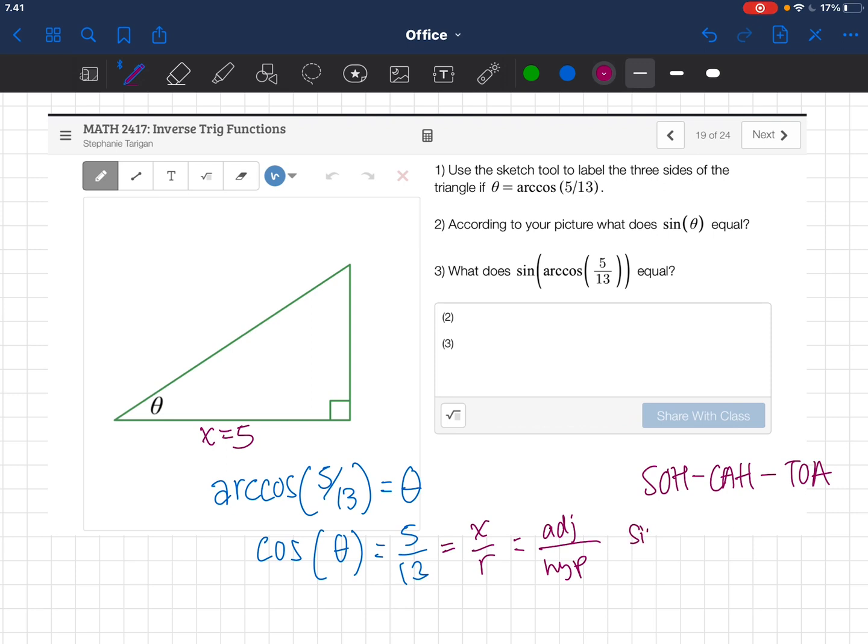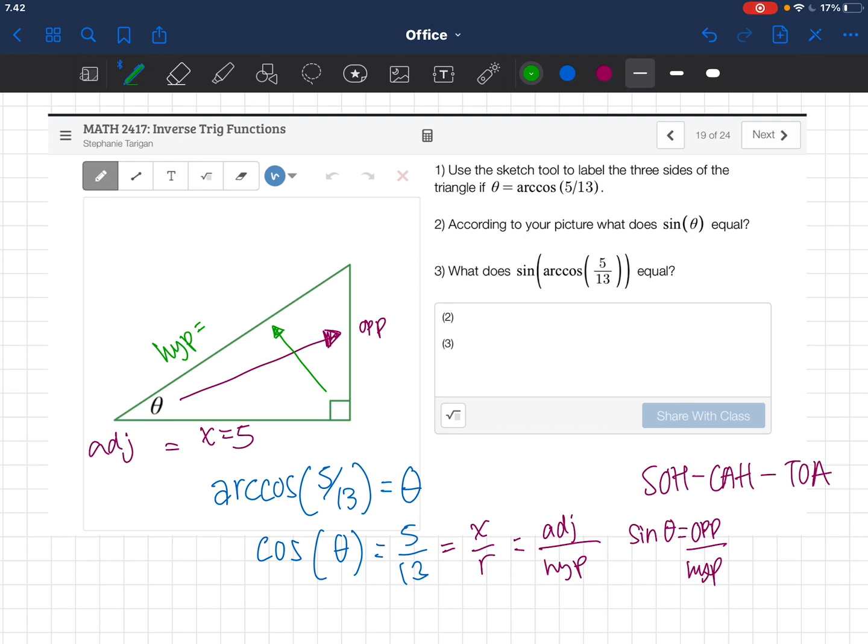is sine theta equals opposite over hypotenuse. When they're talking about opposite, it is the side opposite of the angle. So this is opposite. This is adjacent, so it's the side next to the angle. Hypotenuse is different because it is always the opposite of the right angle. So this is hypotenuse.